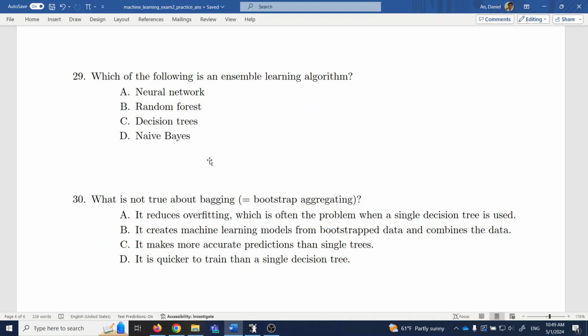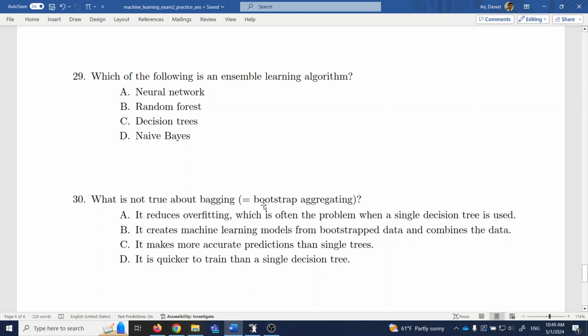If your training data has some outliers, then the decision trees become very dependent on them and tend to overfit. So random forest was developed to overcome that problem. And the way it overcomes the problem is by doing two things, which are bootstrapping and aggregating. And such a thing is called bagging because of the B from bootstrap and AG from aggregating. So that's why it's called bagging.